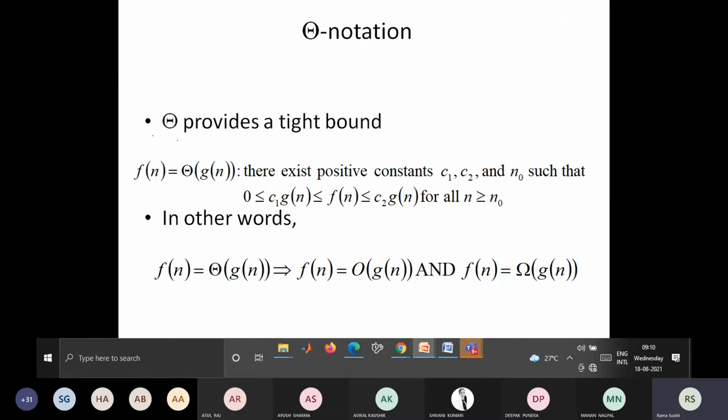Okay, so theta is the tight bound, where you represent the particular function as order theta of g(n). There exist positive constants C1 and C2.